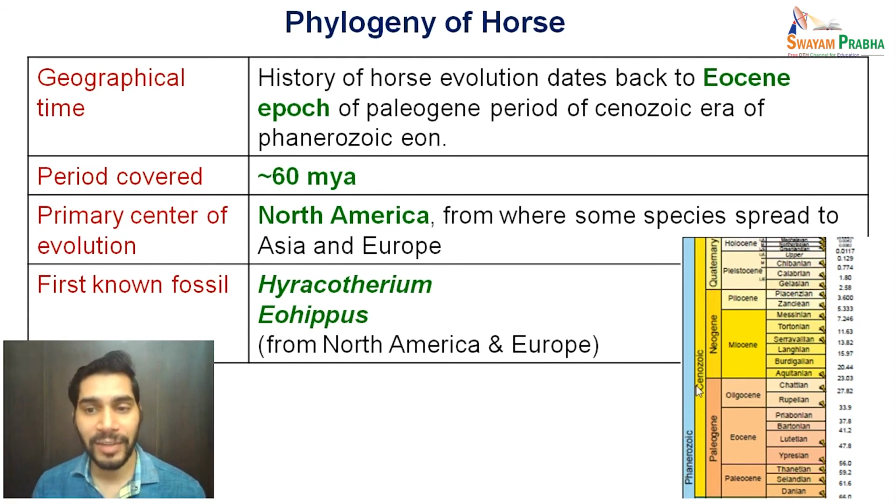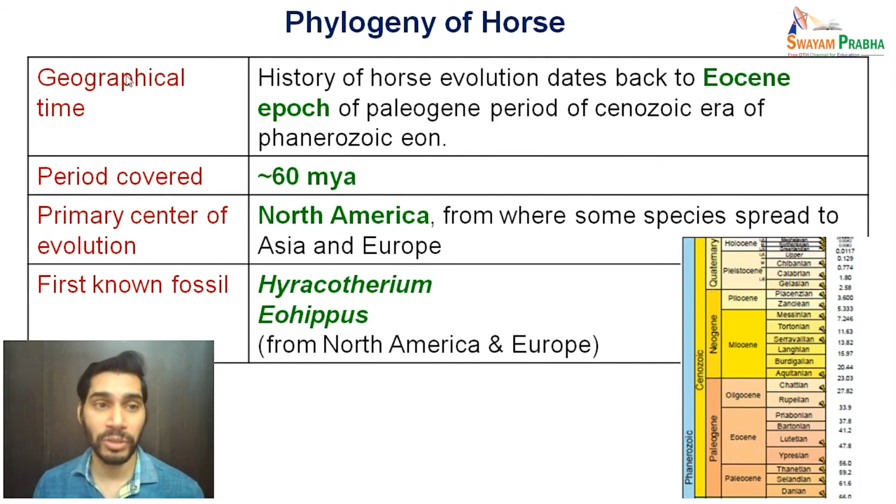Within that, there was the Cenozoic era, and within Cenozoic, there were the Paleogene, Neogene, and Quaternary periods, under which there was an Eocene epoch. So the first fossil of the horse has been found somewhere here, which is almost 60 million years old. So it has covered a long journey of 60 million years from here to here.